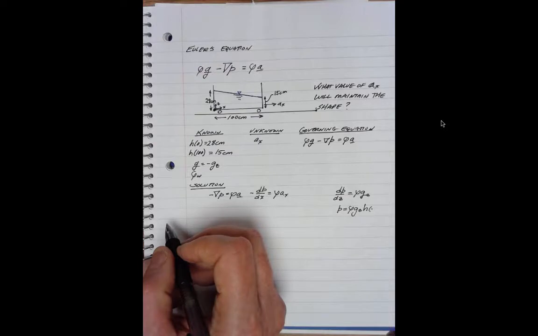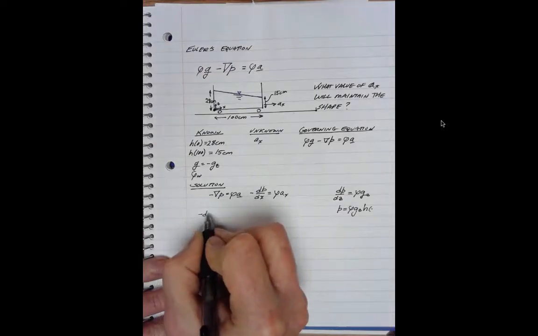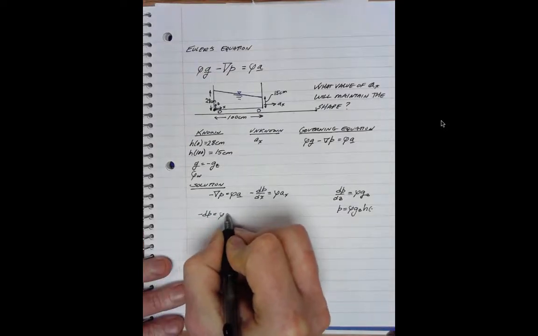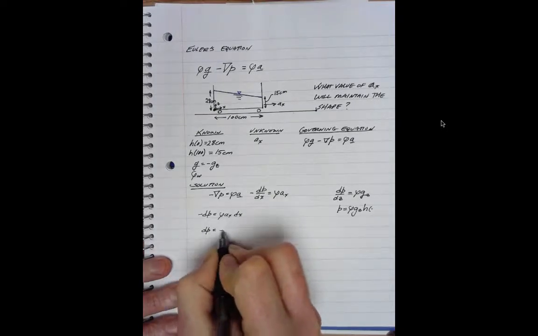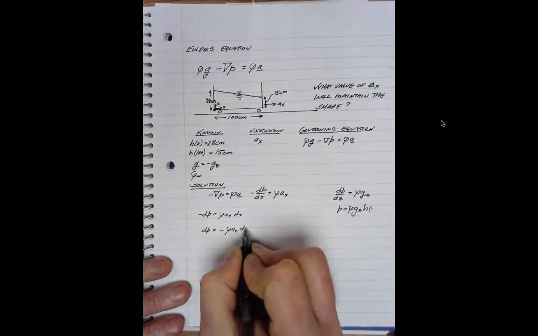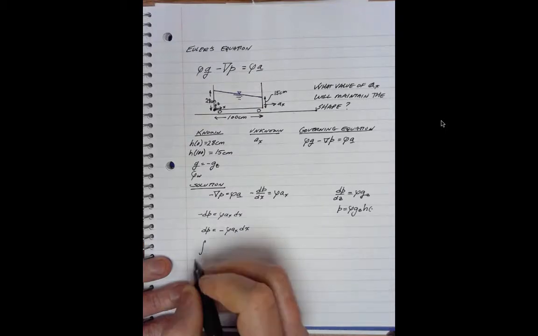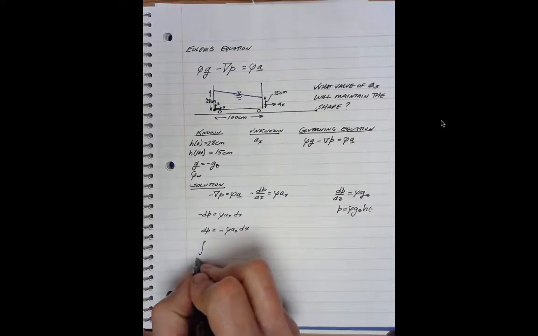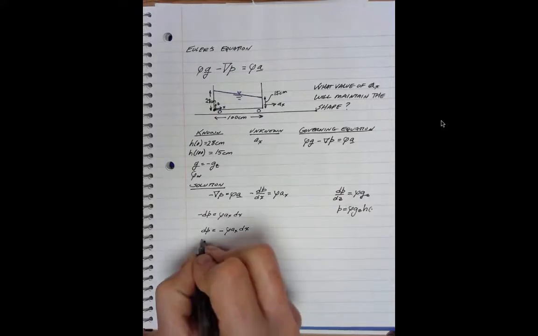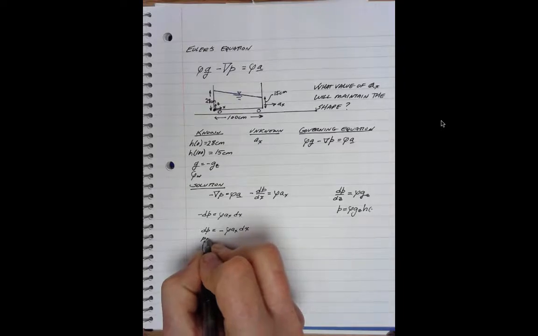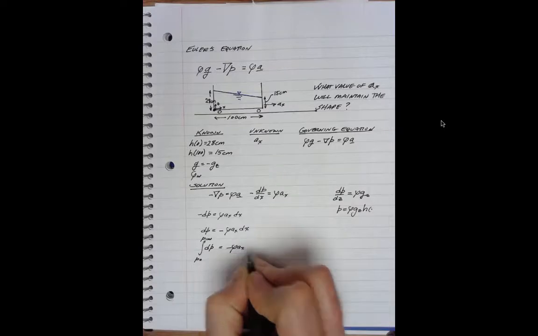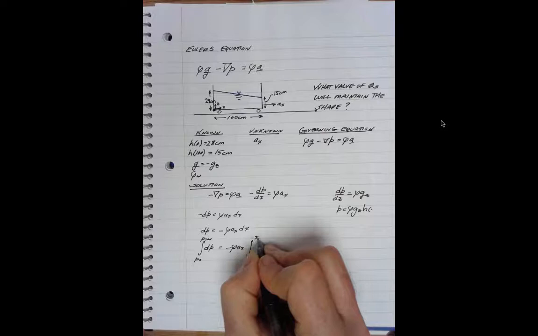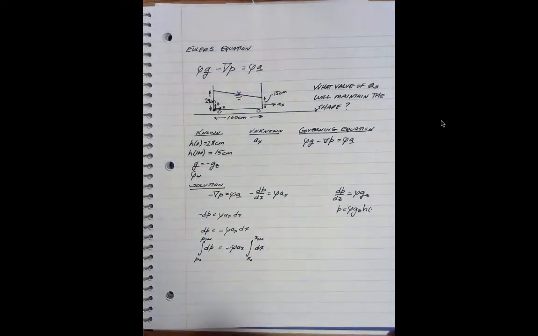Go back to this one. Take the minus dp is equal to rho a sub x dx. dp equals minus rho a sub x dx. And now we'll integrate that from p0 to p100: the integral of dp equals minus rho a sub x times the integral from x0 to x100 of dx.